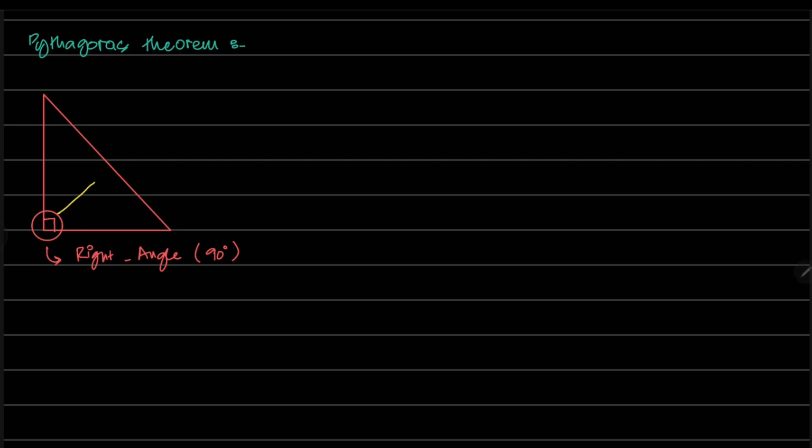Pythagoras theorem says that the square of the hypotenuse is equal to the square of the perpendicular plus the square of the base. What is the hypotenuse, what is the perpendicular, what's the base? These are names that we have for the sides. We need to first identify which side is which. The side opposite to the 90-degree angle will always be the hypotenuse. This side right here will be your base, or in other words the adjacent side.